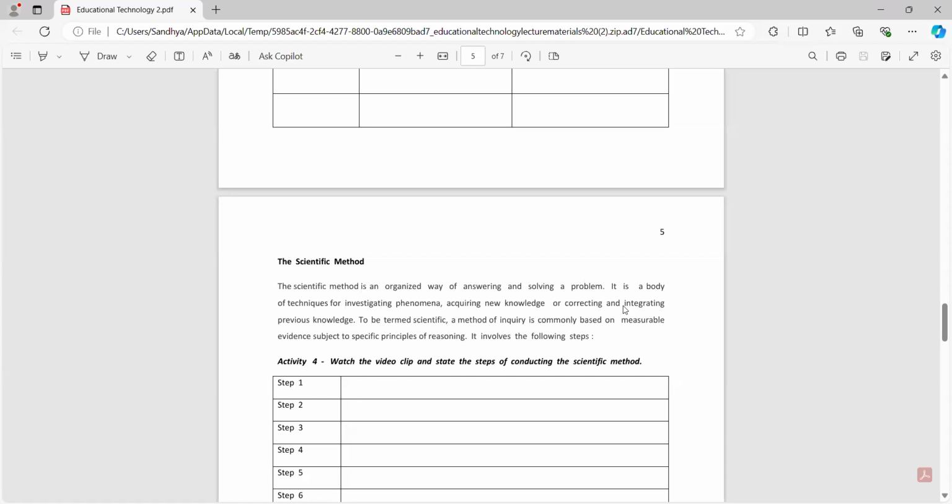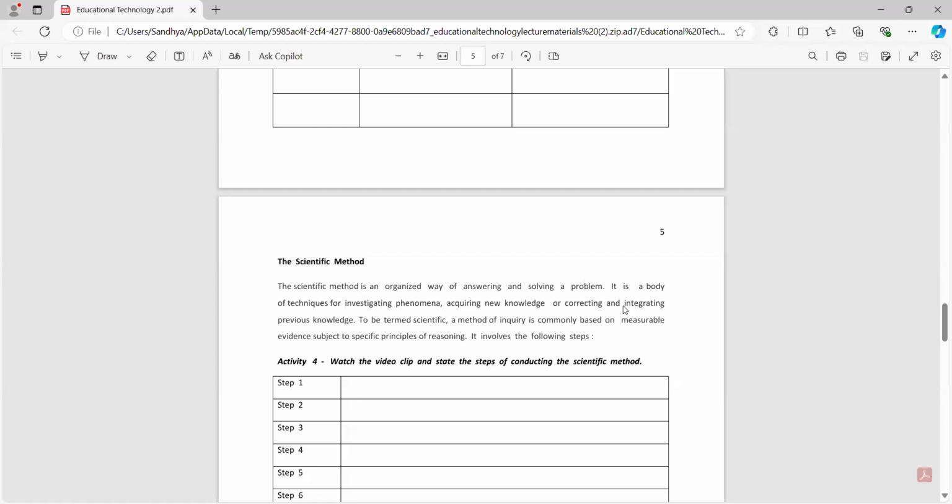To be termed scientific, a method of inquiry is commonly based on measurable evidence subject to specific principles of reasoning. We will actually understand this once we look at this activity.